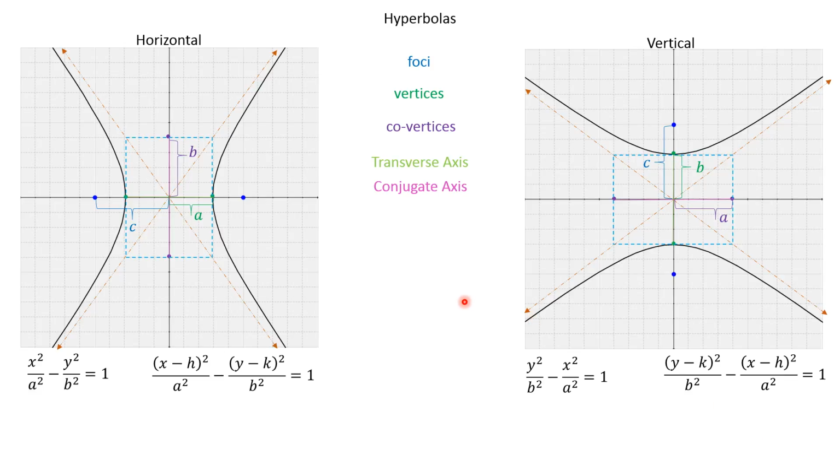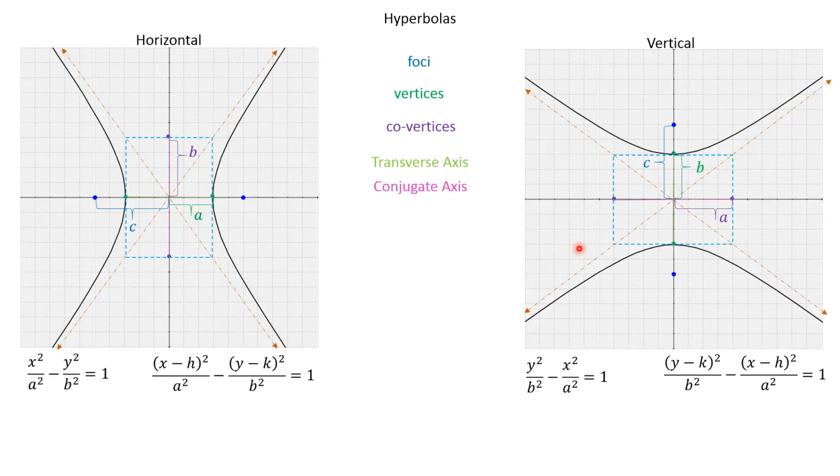And so, as I mentioned a little bit earlier, it doesn't matter which is bigger, the a or the b. In fact, they could actually be the same. What determines whether this is going to be horizontal or vertical is which one of our variables is positive. If y squared is positive, it's vertical. If x squared is positive, it's horizontal.